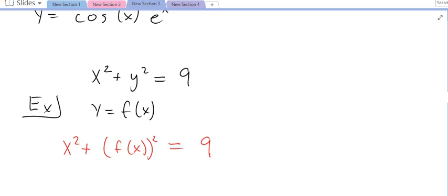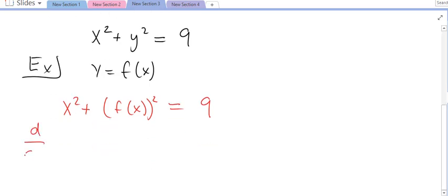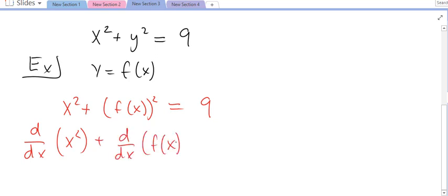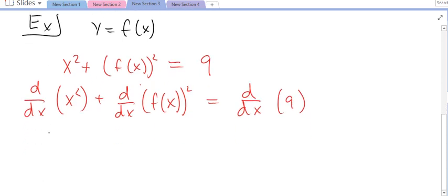So if I take d/dx of both sides of this equation, we'll get the derivative with respect to x of both sides here. I'll split this up on the left-hand side. As we take the derivative, the derivative with respect to x of x squared is just 2x. And the derivative with respect to x of the constant on the right is just 0.